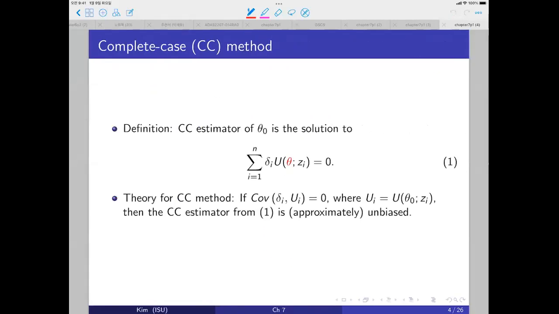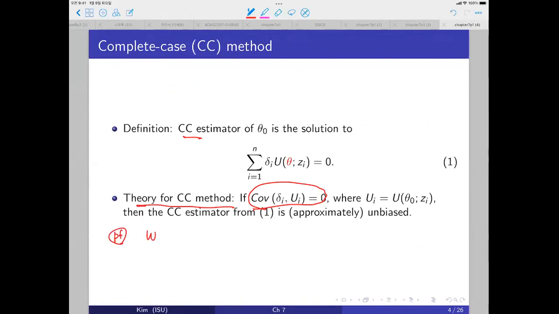Okay. So the complete case method just uses the observed data only and hopes that this is okay. And now the question is, under what conditions is this valid? It turns out that if the covariance between delta and U is 0, then the CC estimator is unbiased. How to show that?